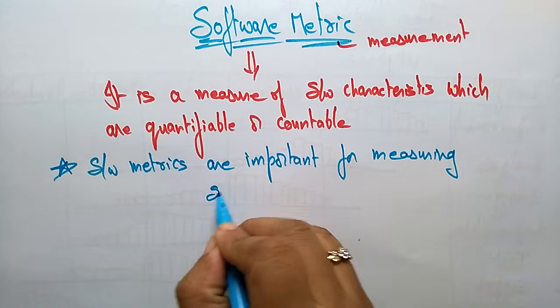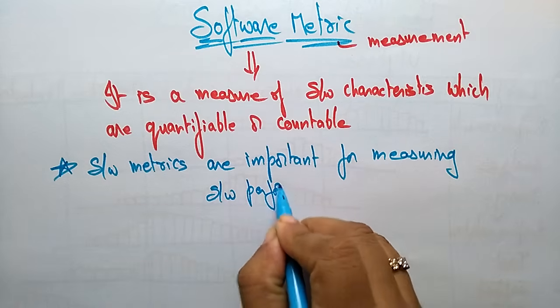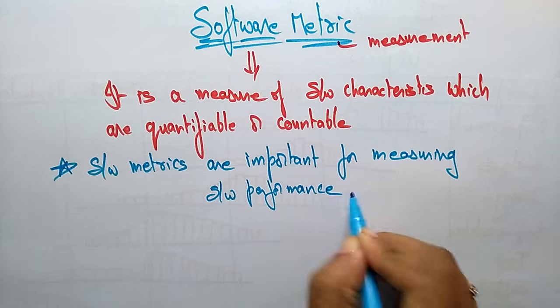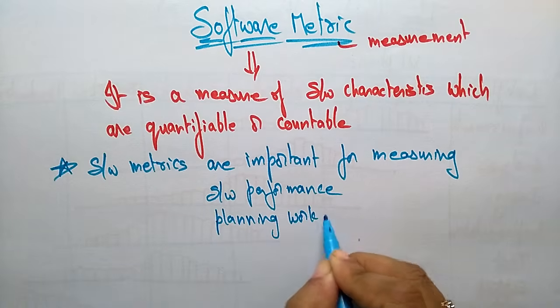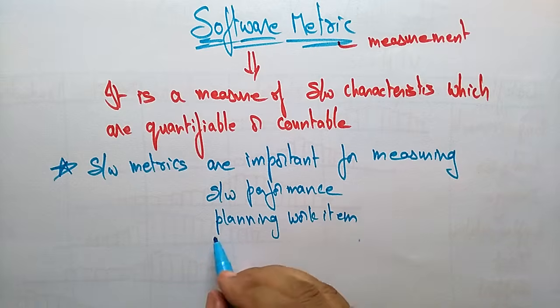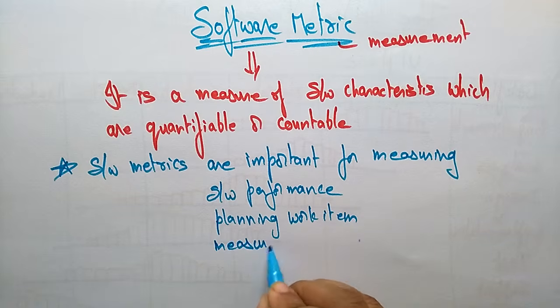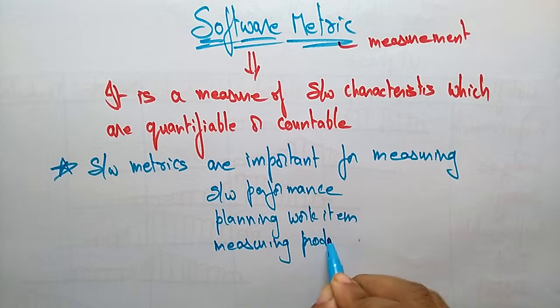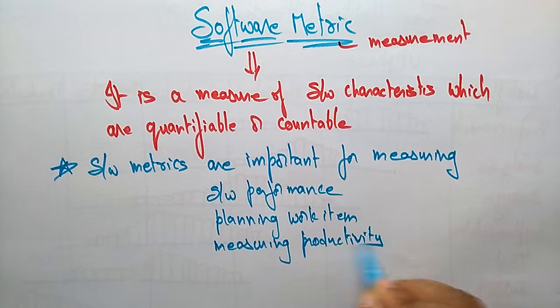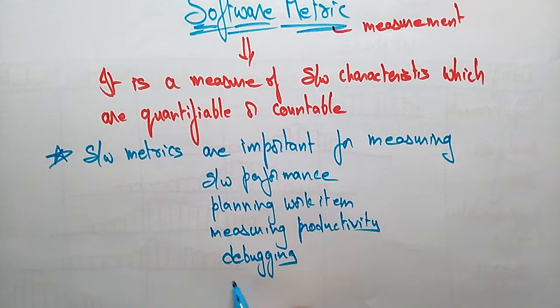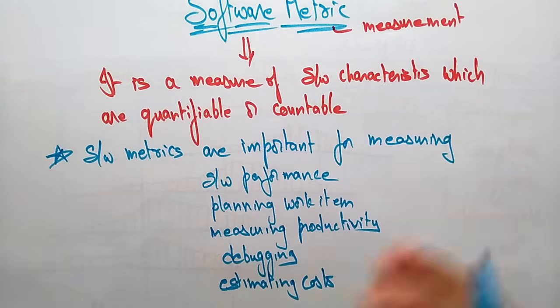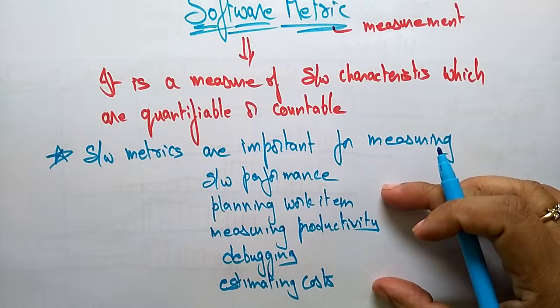Measuring software performance, planning work items, measuring productivity, debugging, and estimating cost. These are all the different measuring items that we came across in the software.